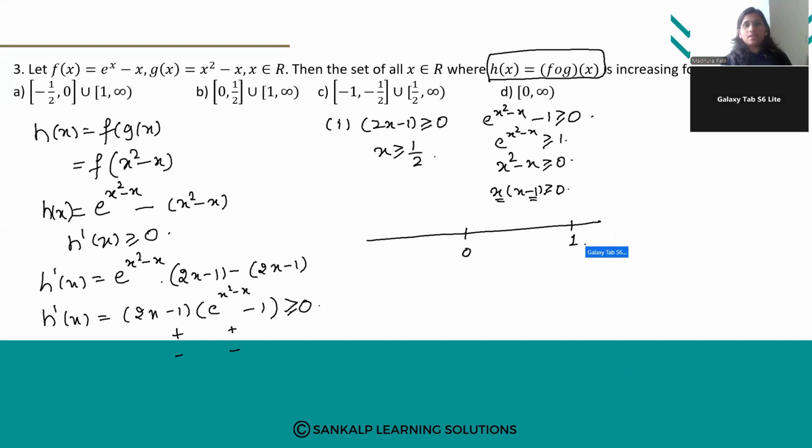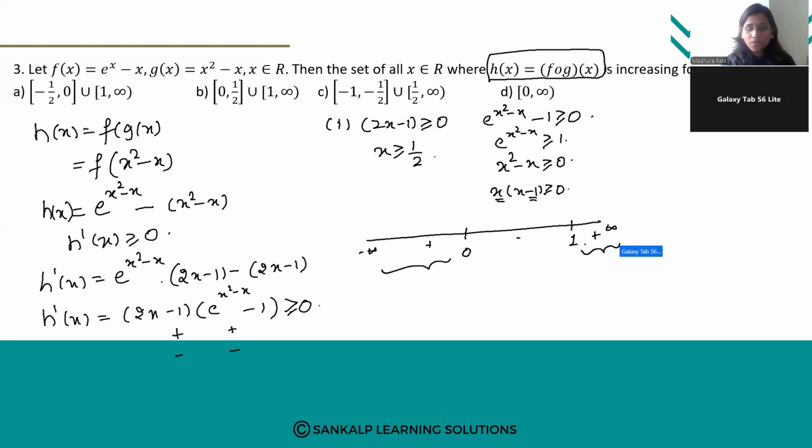Now, where is it positive? It has to be greater than or equal to 0. If you take 0 to 1, it will be negative. If you take greater than 1, it will be positive, and it will be positive on the other side also. So it is positive from minus infinity to 0 and from 1 to infinity.